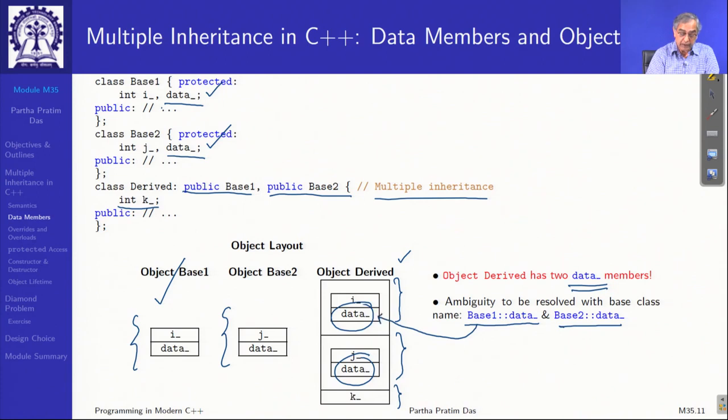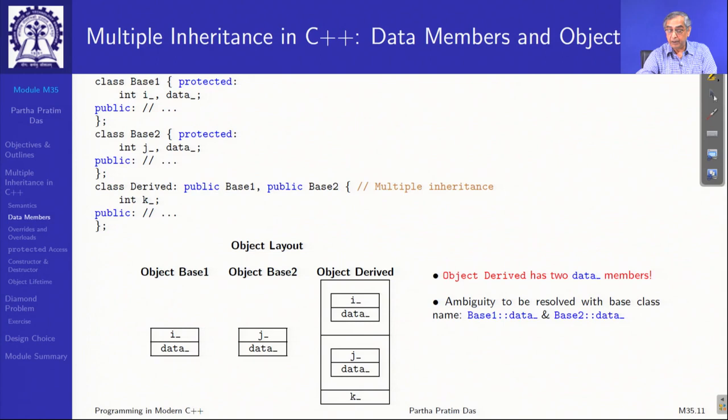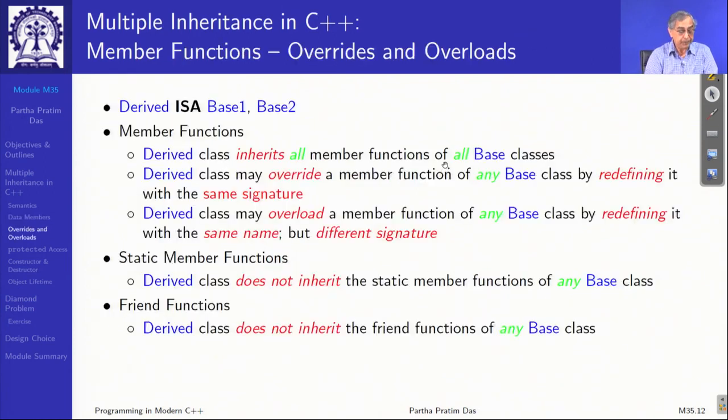It cannot just access it as data_; it will have to access this one as Base1::data_, and this as Base2::data_. This is the added complication that comes up because you have multiple base classes, and obviously they can have members which are common in the name, but they are actually instance-wise distinct and both of them will exist in the derived class object.